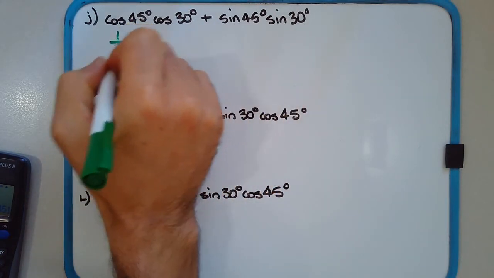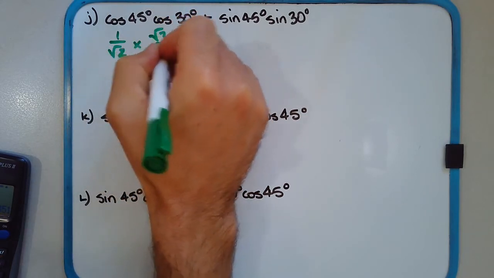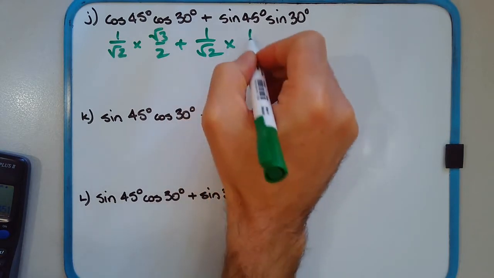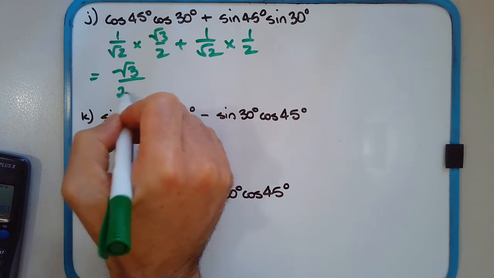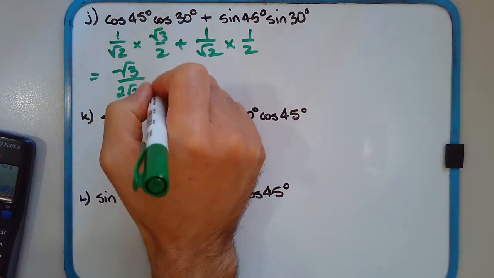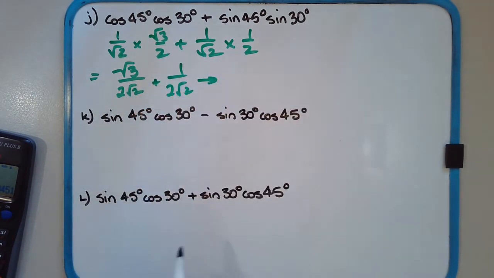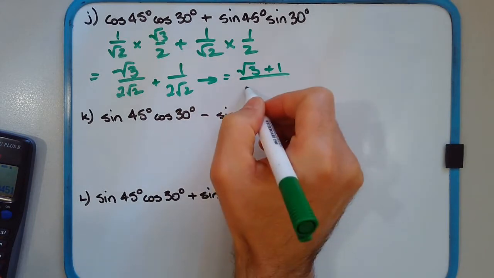So that's going to be 1 on root 2 multiplied by root 3 on 2 plus 1 on root 2 multiplied by half. And that's going to be root 3 over 2 root 2 plus 1 over 2 root 2. And that's just equal to root 3 plus 1 over 2 root 2.